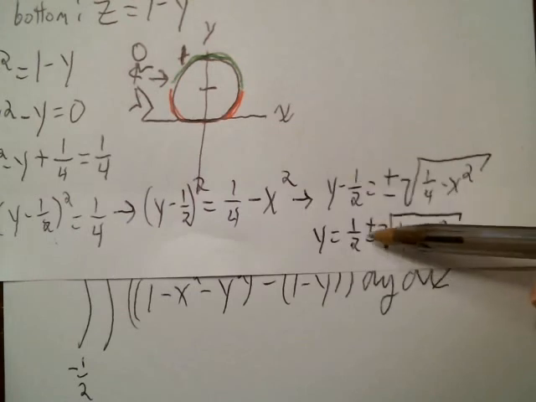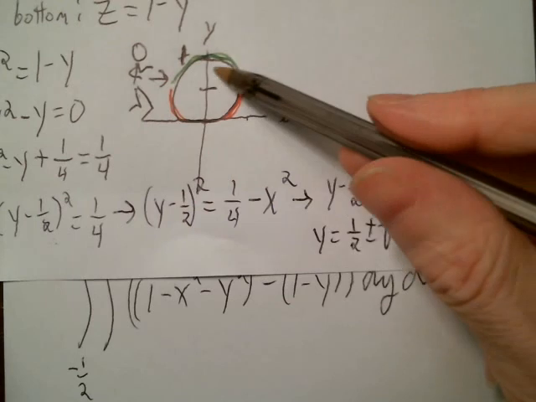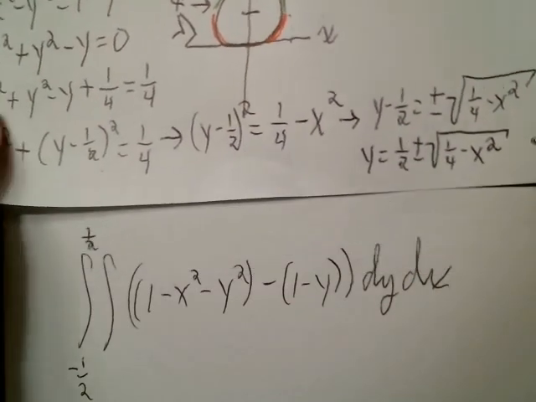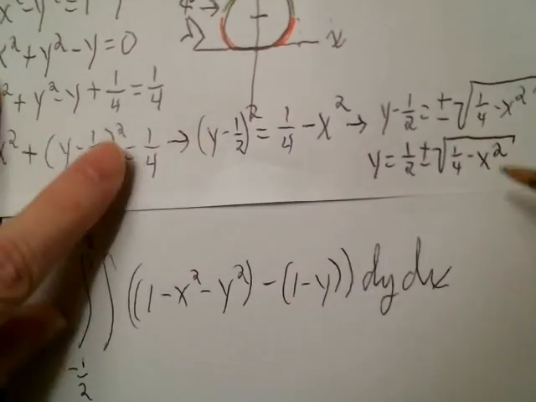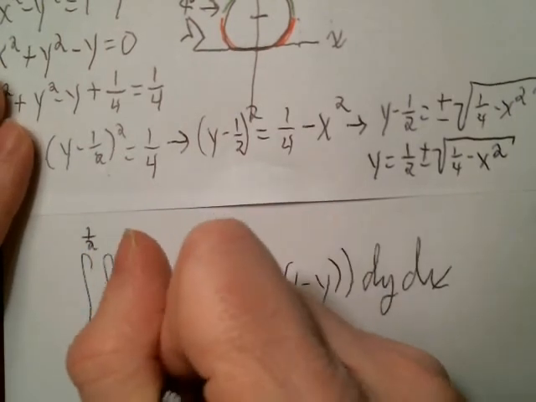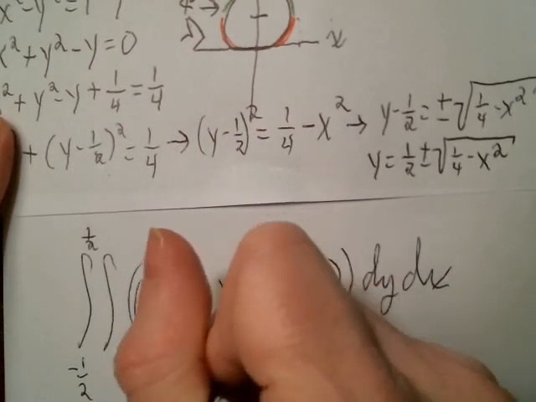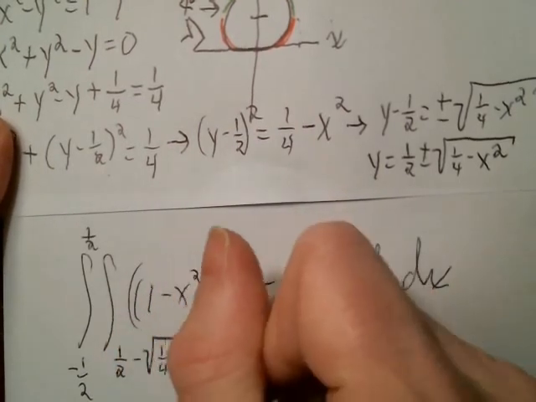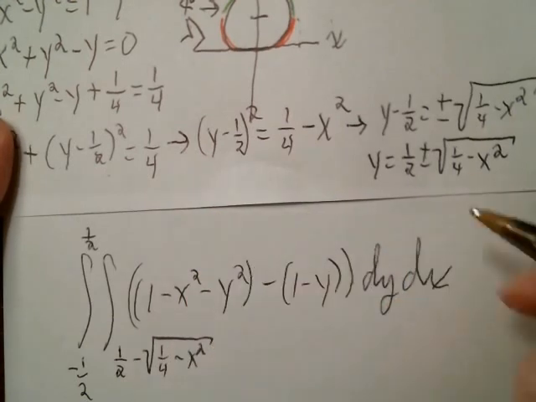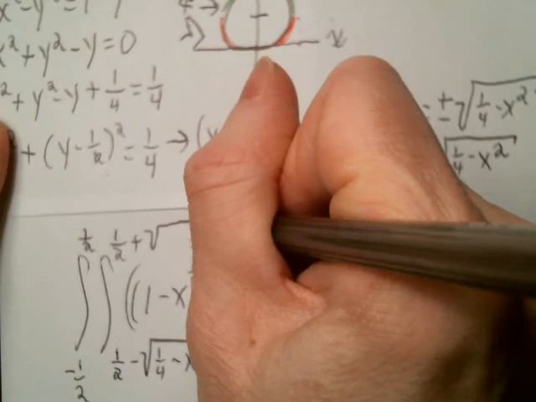The bottom curve, the pinkish curve, is the negative part, and the green curve is the positive part. So I'm going from the bottom curve, and this isn't going to be pretty, but here it is, 1/2 minus the square root of 1/4 minus x squared, to the top curve, which is the 1/2 plus, right?